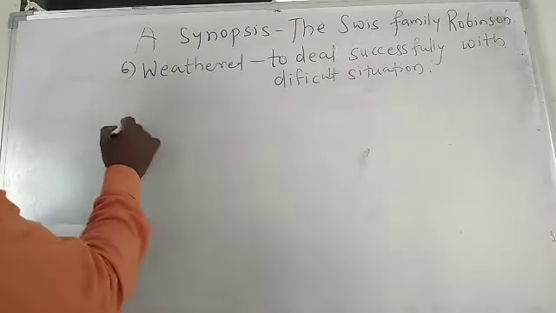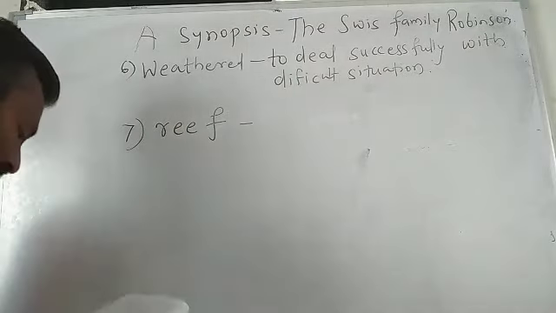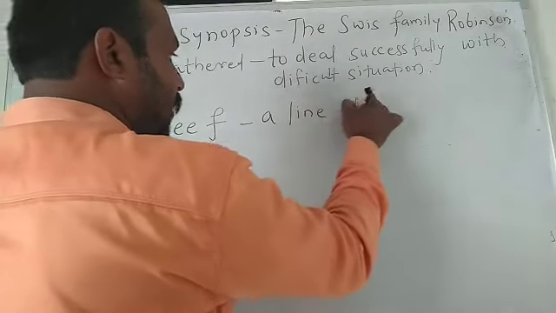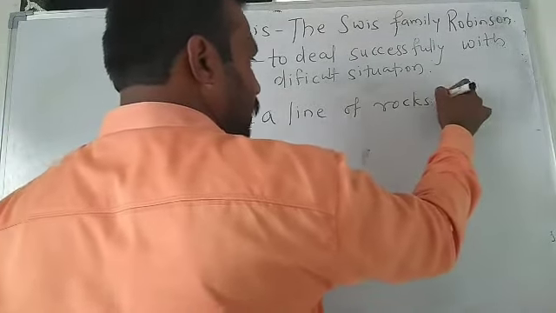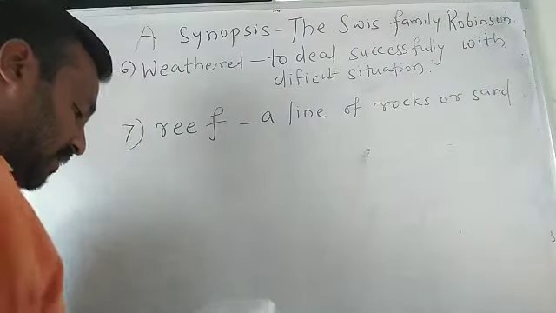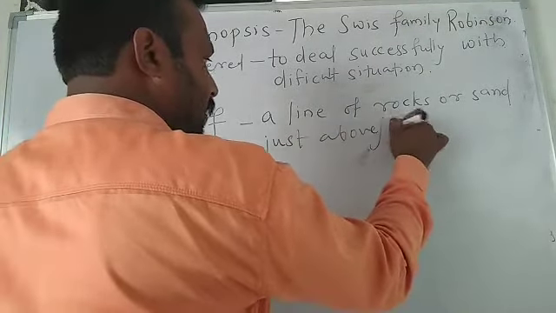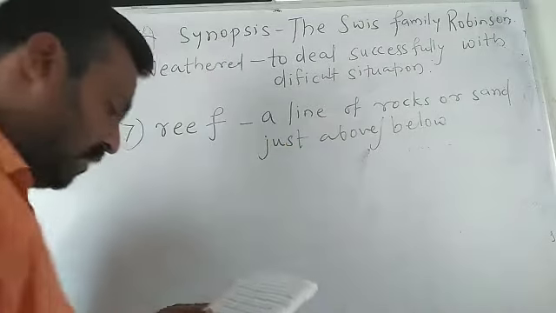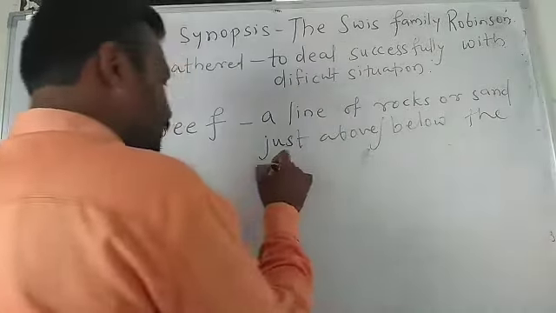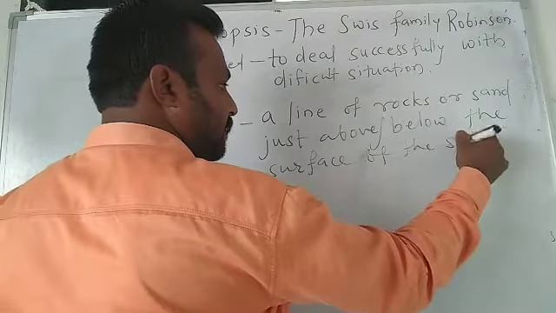Next word, that is reef. Reef means what? A line of rocks or sand just above or below the surface of the sea.